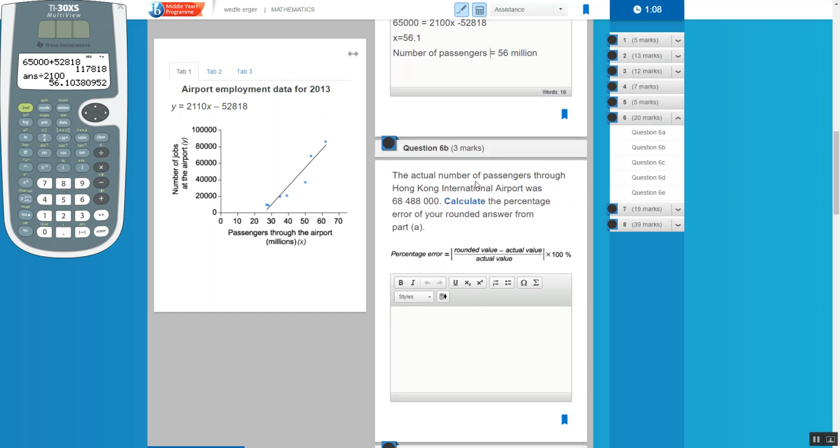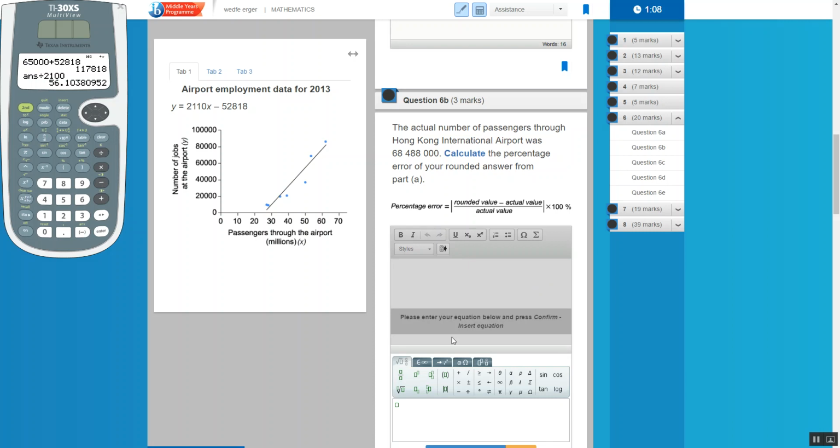Okay, now we've got the actual number, and this is, calculate the percentage error. So these two lines mean absolute value, which is the distance from 0.